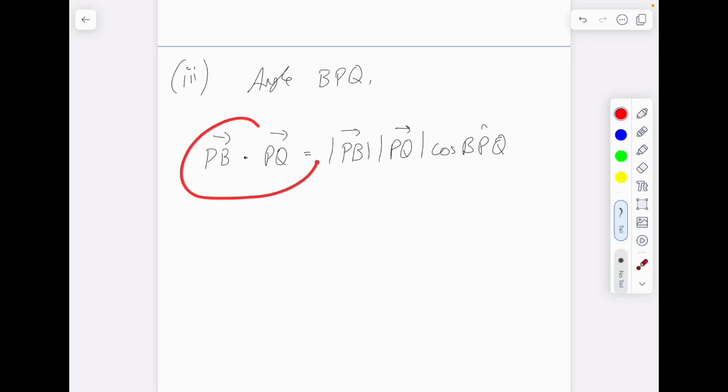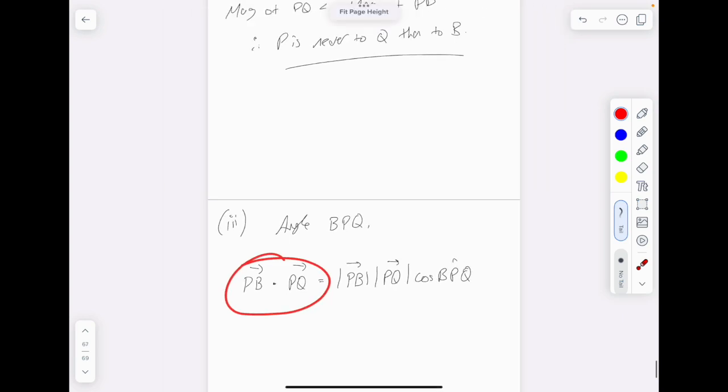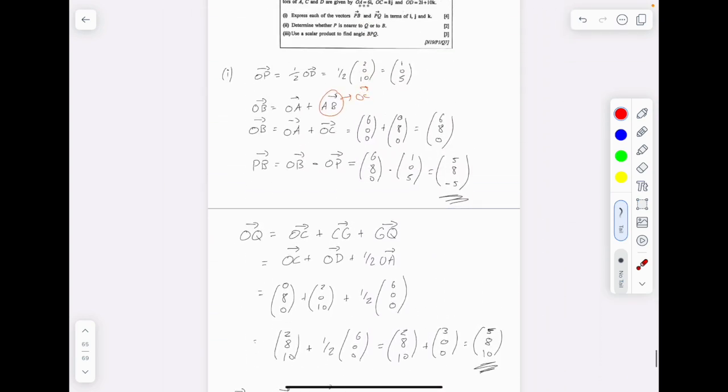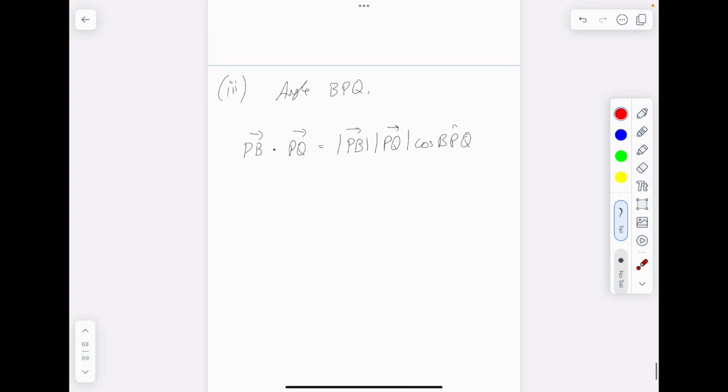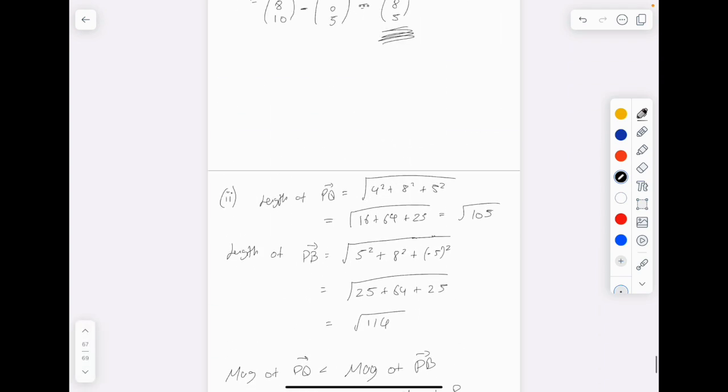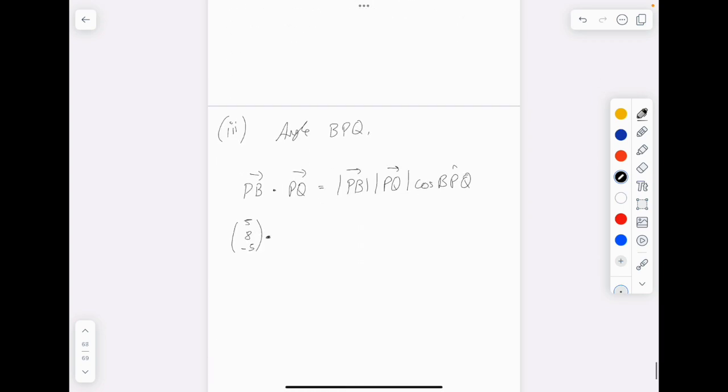So, from here, what do we do? Well, we know what PB is. PB is equal to 5, 8, negative 5. And we know what PQ is. 4, 8, 5. Which then equals what?